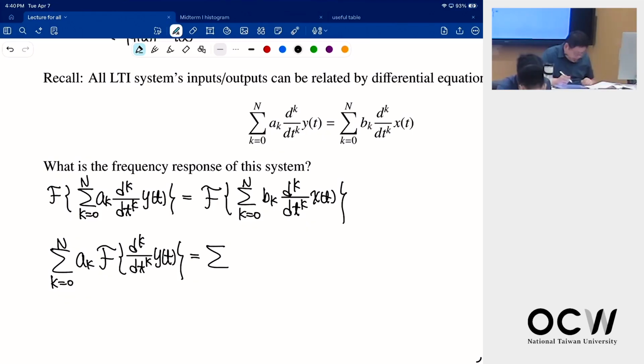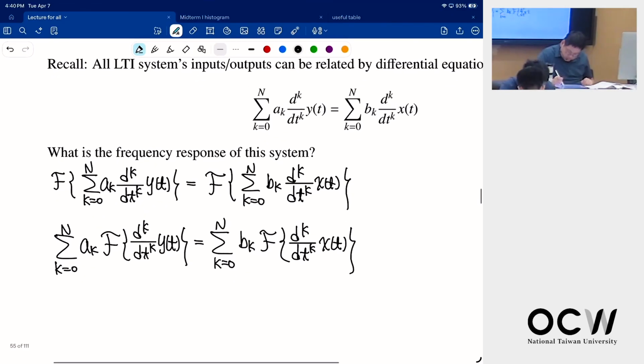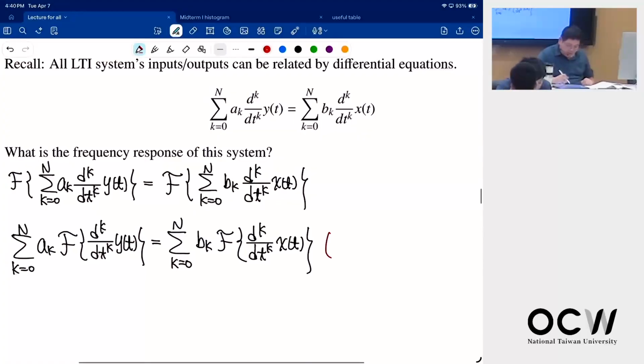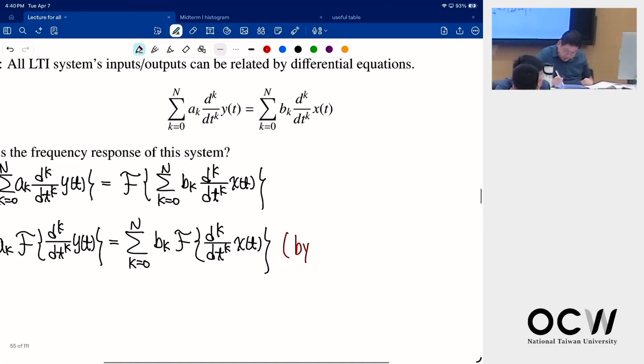Similarly for the right hand side, here you can say this is by linearity of the Fourier transform.